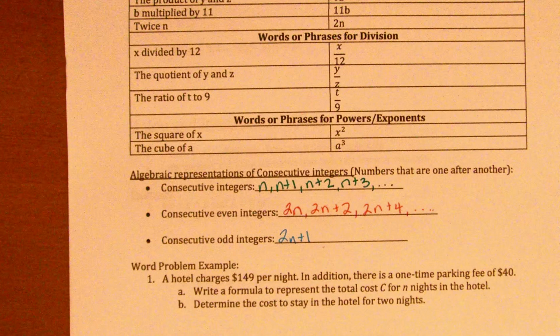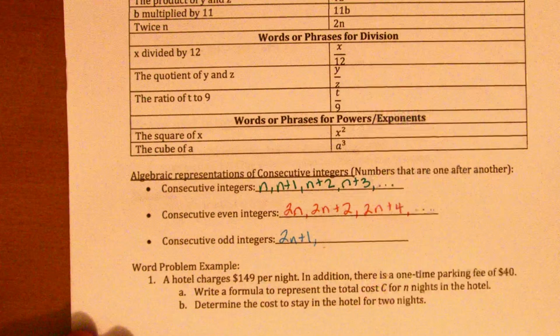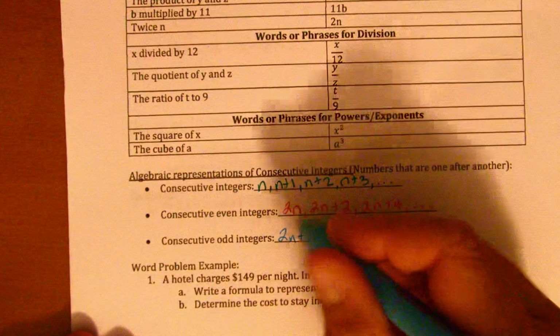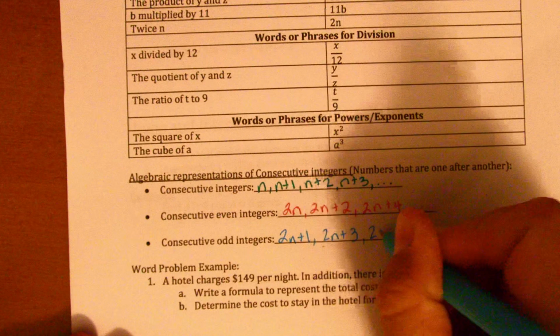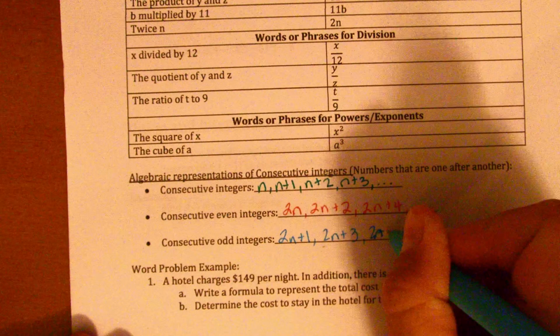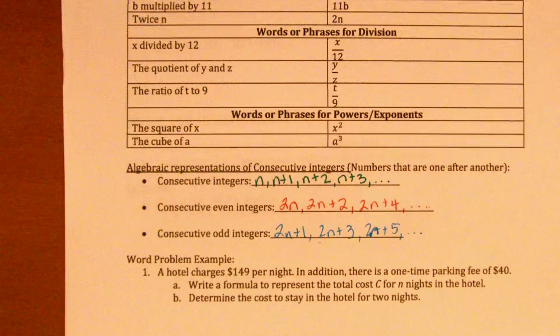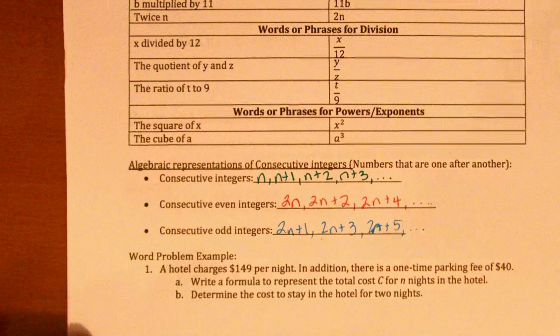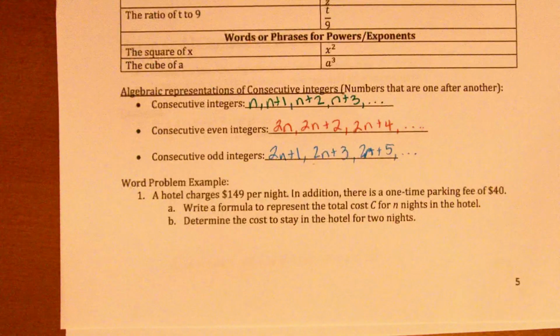What if n is 5? 5 times 2 is 10, plus 1 is 11. That's odd. So consecutive odd integers would be 2n plus 1, 2n plus 3, 2n plus 5, and so on. Again, this is really just a resource for you to come back to as needed, and you can use this on homework to help you.